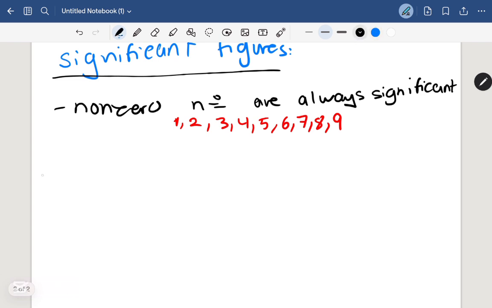The second thing that you should know is that zeros between non-zero numbers are always significant.